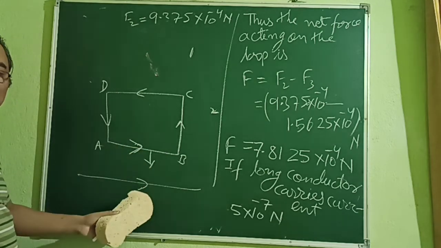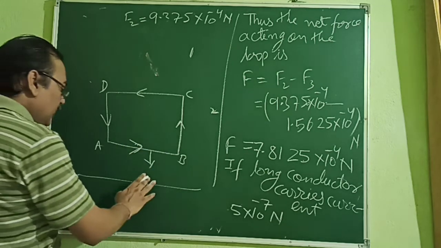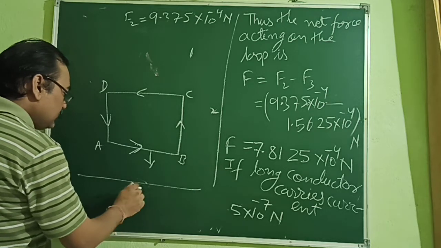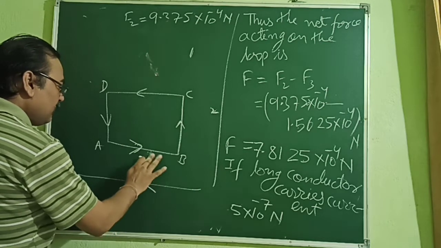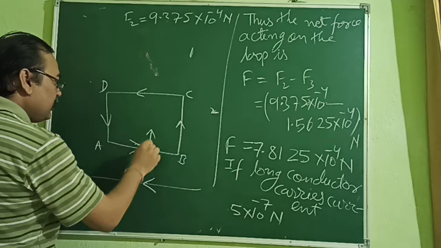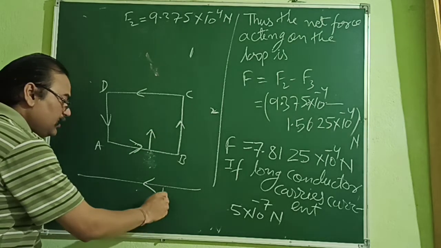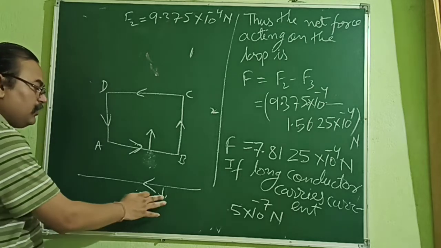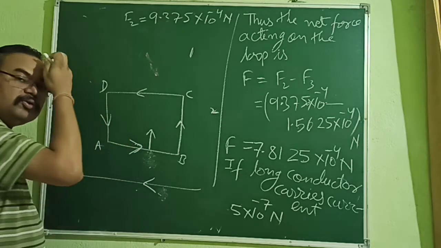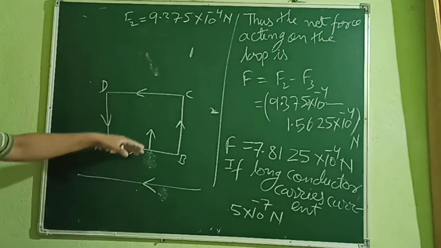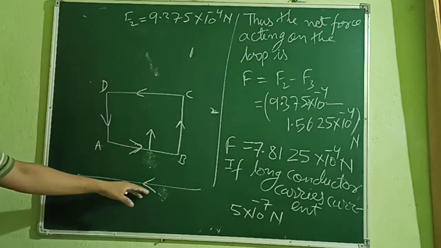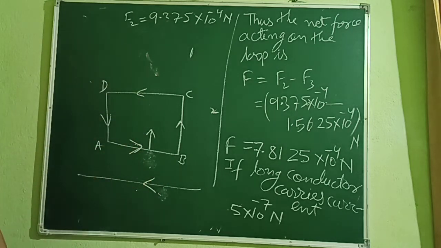Towards this is the net force. Now, if the direction of current in the long conductor is opposite, it's like this, then what you will find? You will find that net force is acting away from it because it is repulsive force. Obviously, this will also experience force, but in the question we are asked about the force acting on the loop only. So this force will try to take the loop away from the long conductor carrying current. Got it?